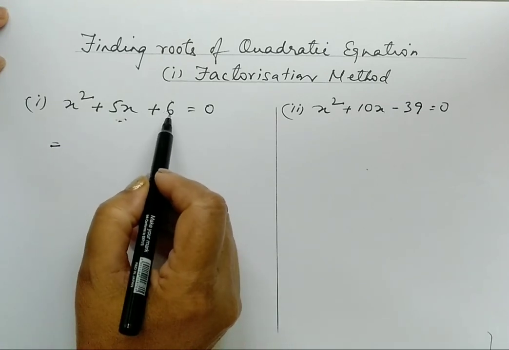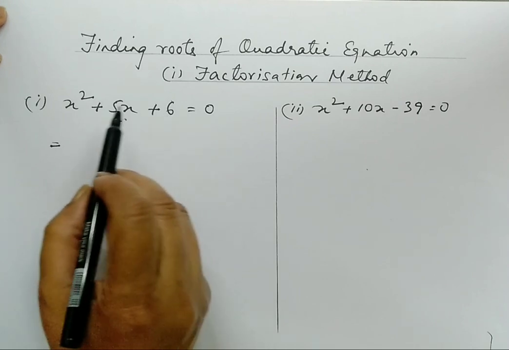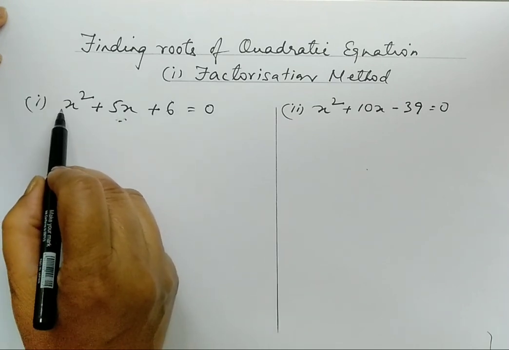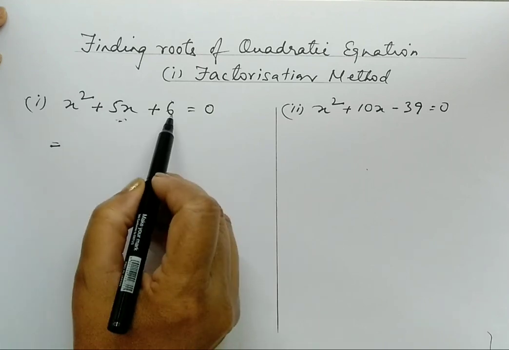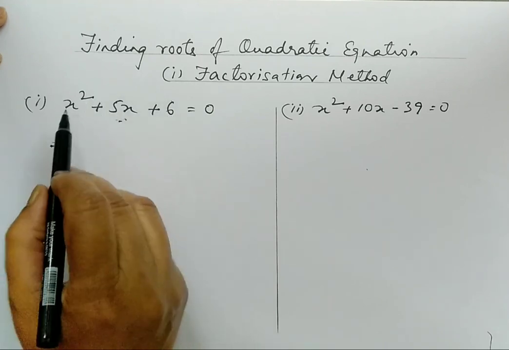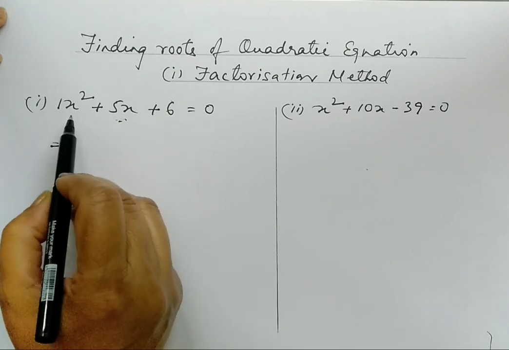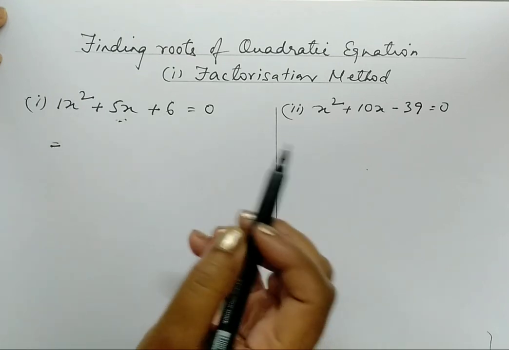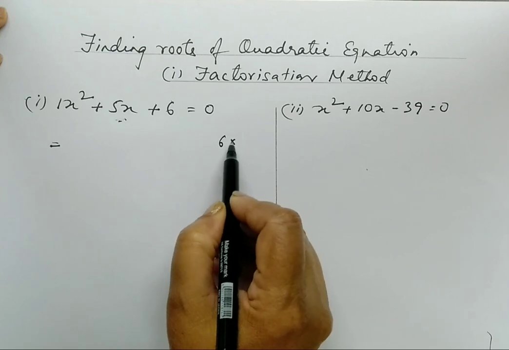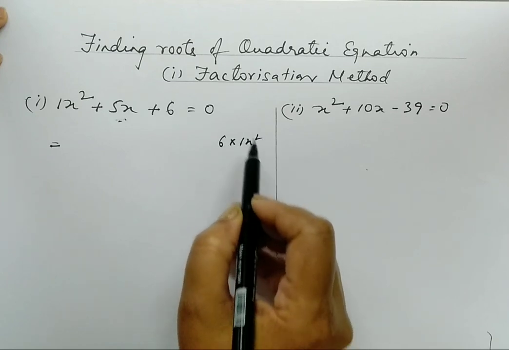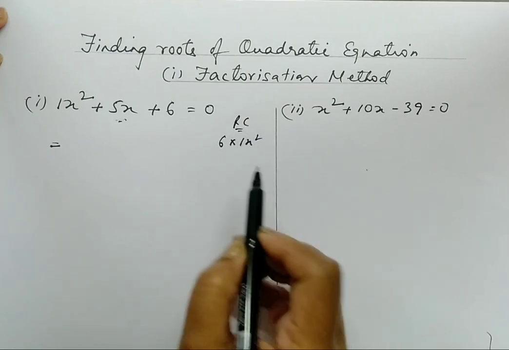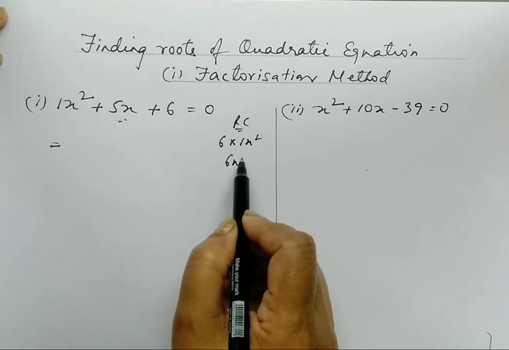Since we have 6 as a constant here, the coefficient here is 1 and 6 is the constant. When we multiply 6 by 1, what do we get? 6x square. So 6 multiplied by 1x square, rough column, right? So we get 6x square.